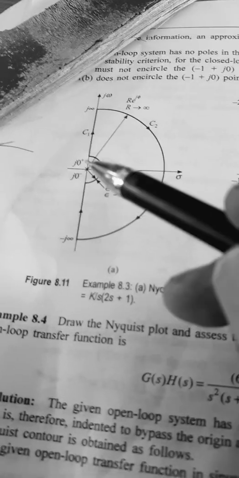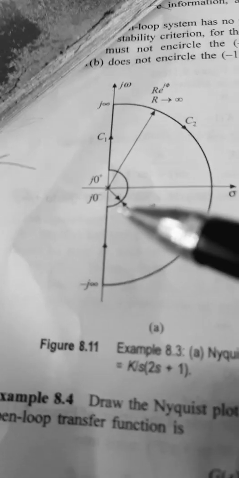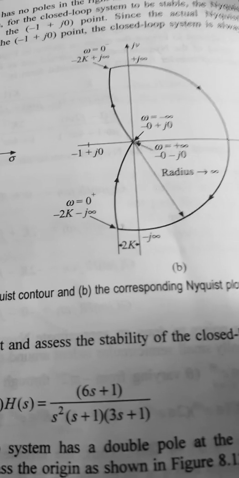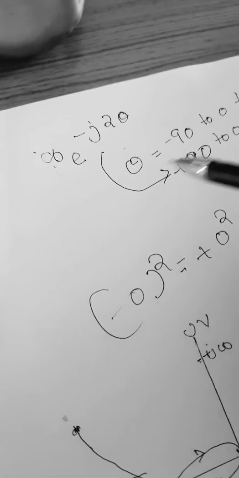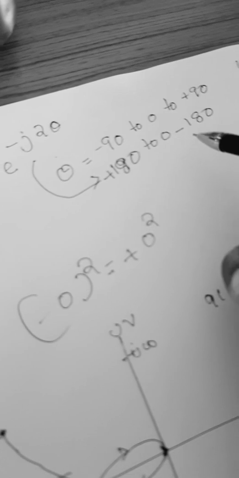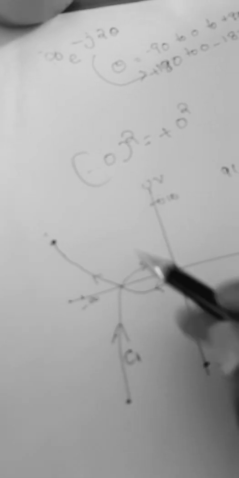But the same thing, when you are mapping this arc to the Nyquist plot, what you are getting in our problem is that the amplitude is infinite, and the phase goes from plus 180 to 0 to minus 180. So when you are taking this, we have already drawn it like this, in our Nyquist plot.